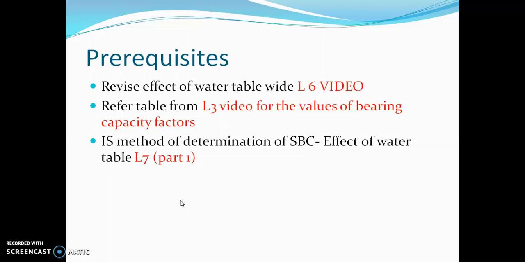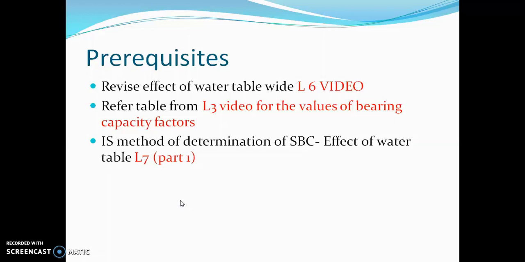Okay, we will need the bearing capacity factors, Nc, Nq, N gamma, and the L3 video discusses Terzaghi's analysis, and in this particular lecture we are going to solve problems using Terzaghi's equations. So the bearing capacity factors are taken from a table which is visible in this L3 video.